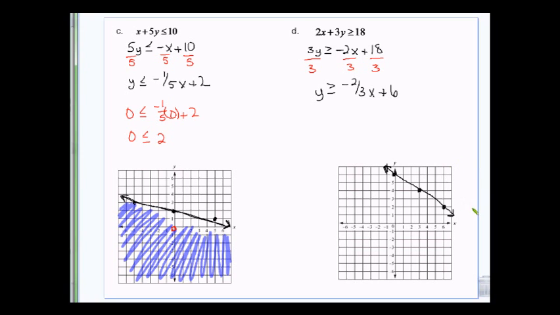Anybody? Well, if we plug in a point, which point would you like to plug in? I recommend that one. That's false, so yes, top part.